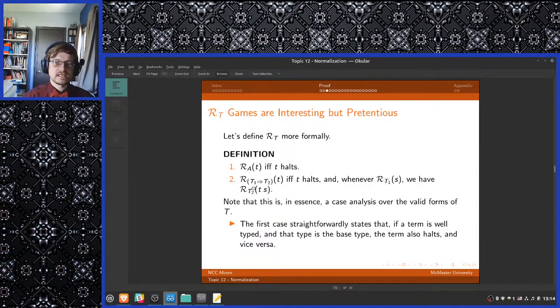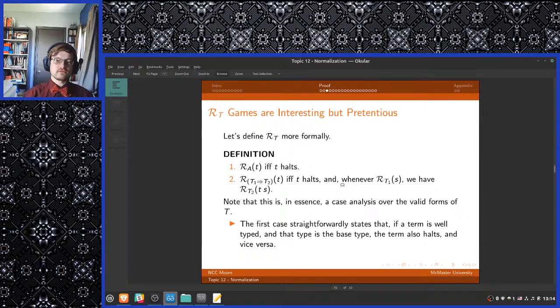Note that this is in essence a case analysis over the valid forms of T. So we have a particular set R for type A and a particular set R for type T1 yields T2.